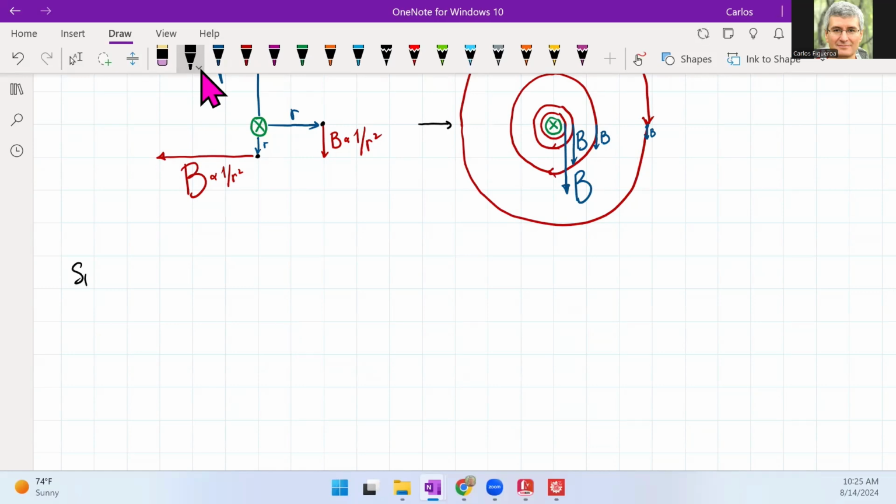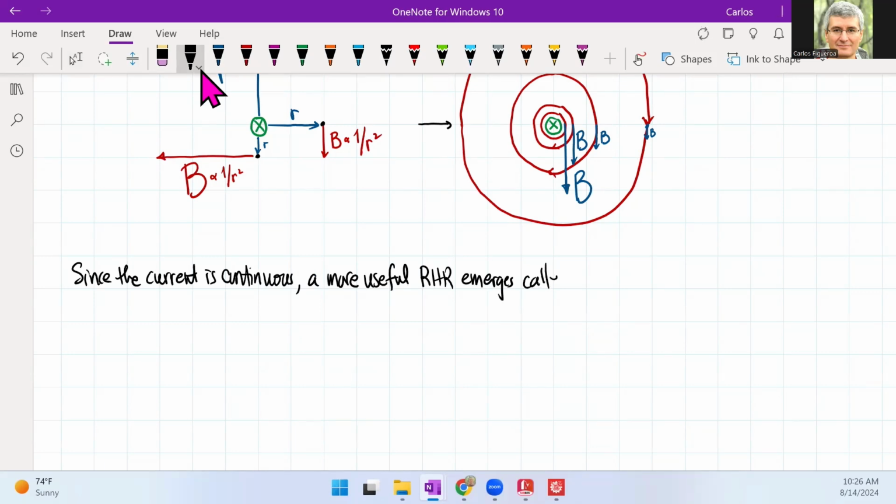Since the current is continuous, a more useful right-hand rule emerges, called the curl right-hand rule.